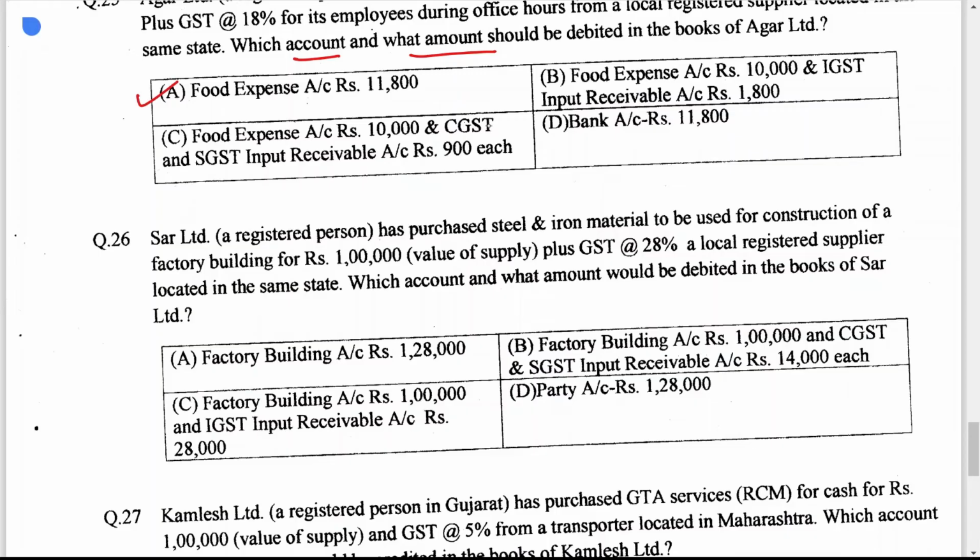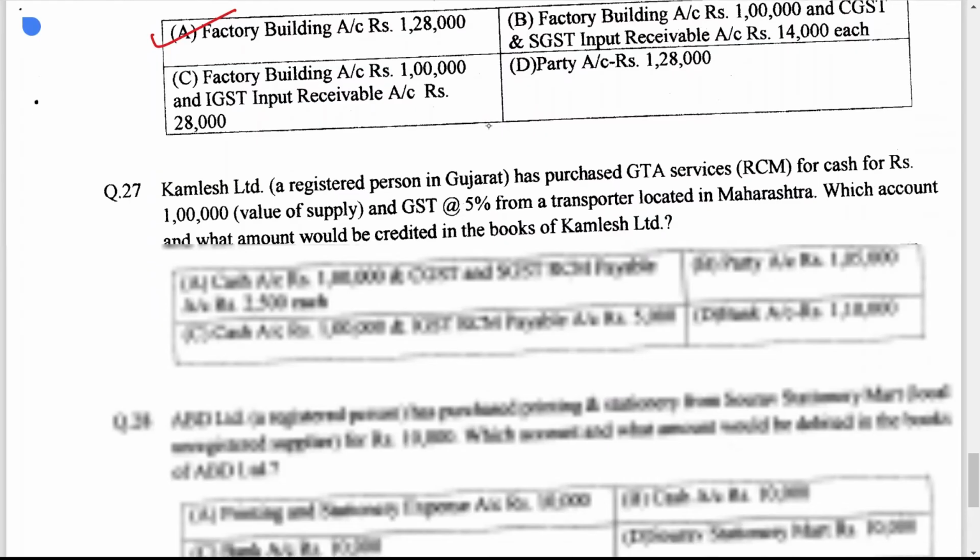So here also credit is blocked because the material is used for building a factory building. So 1 lakh plus 28% GST, so 1 lakh 28,000 will come, and as credit is blocked, the full amount will be debited and no credit is available. So factory building account debit by 1 lakh 28,000.